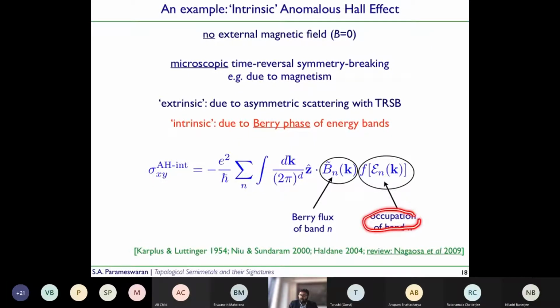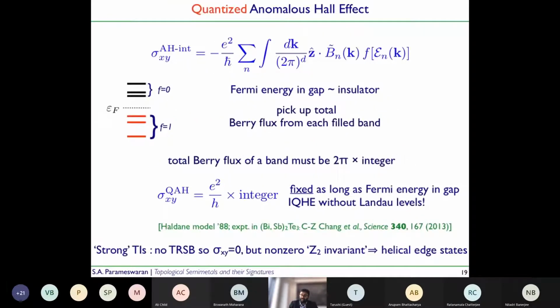Now, here's the special feature. Since it cares about the occupation of the bands, if you go to 0 temperature and your chemical potential lies in a gap, then this has a very simple form. It's the Fermi function, so it's 1 for all filled bands and 0 for all empty bands. And so if the Fermi energy lies in a gap in an insulator, f of k is 1 for all states within the band.